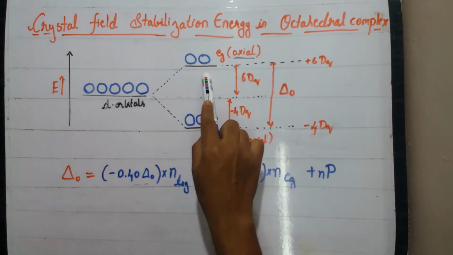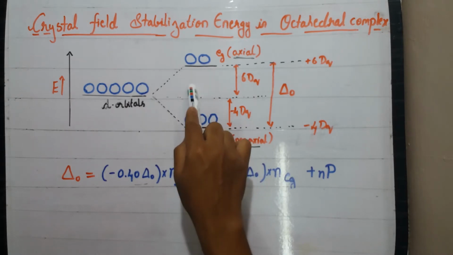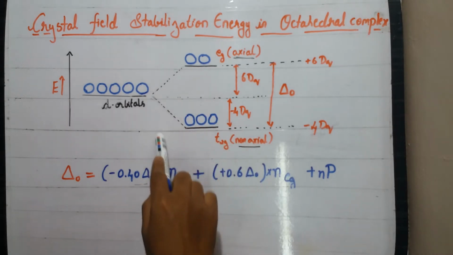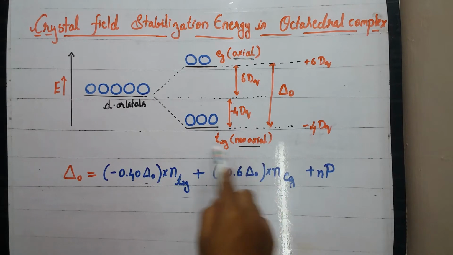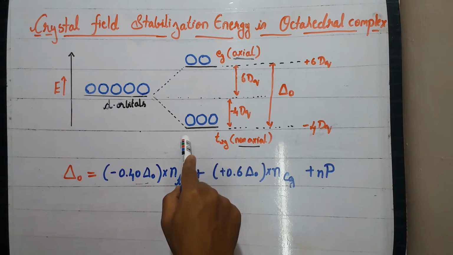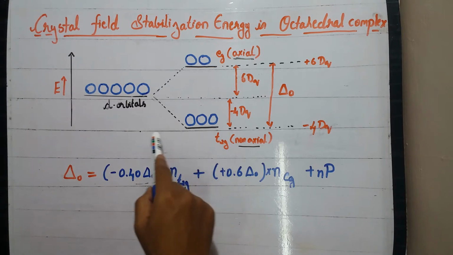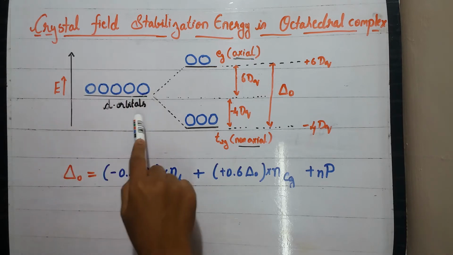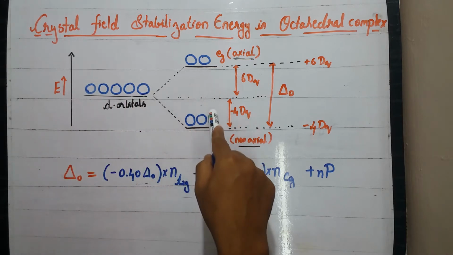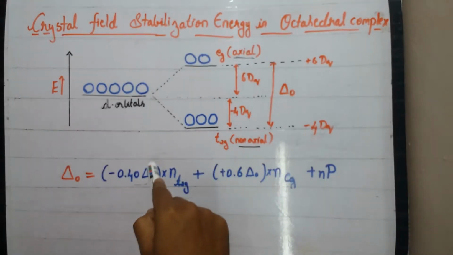Hence, they experience more repulsion, hence their energy level is increased. Then comes the non-axial orbitals, that is the dxy, dyz and dzx. They experience no repulsion, hence their energy decreases. Hence in this way the degenerate d orbitals will split into two different energy levels, that is Eg and T2g.